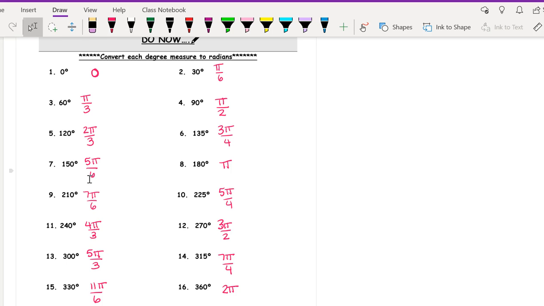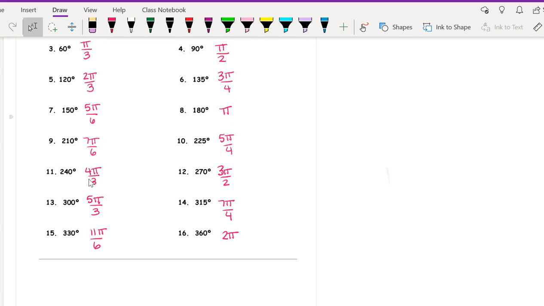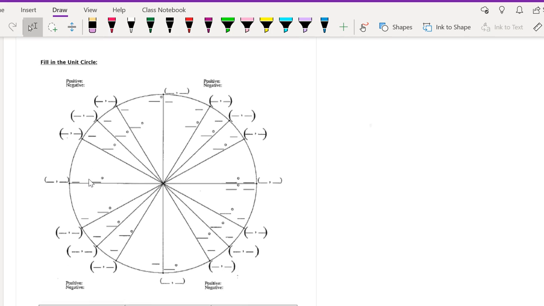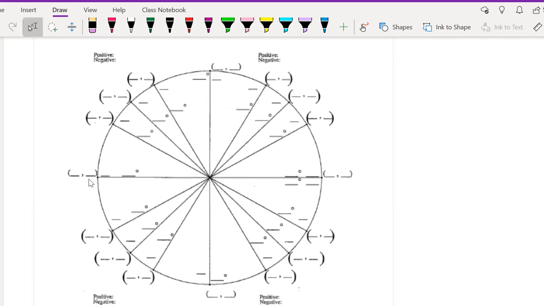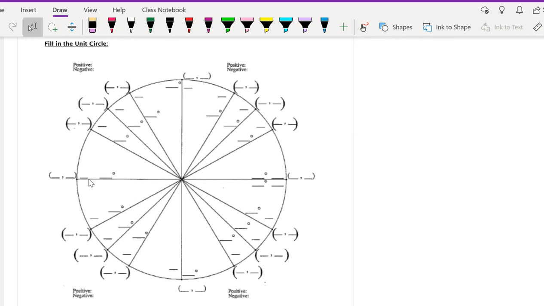These are going to be the important angles on what's called the unit circle. So let's take a look. Okay, so here is your unit circle. Basically what the unit circle is, it is a circle, obviously, on the coordinate plane where you have your x-axis and your y-axis defined.